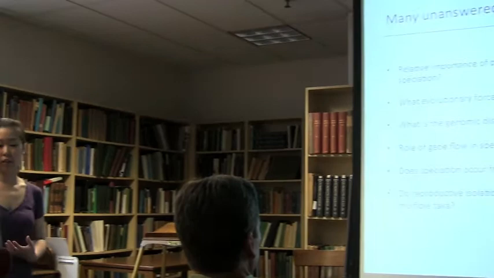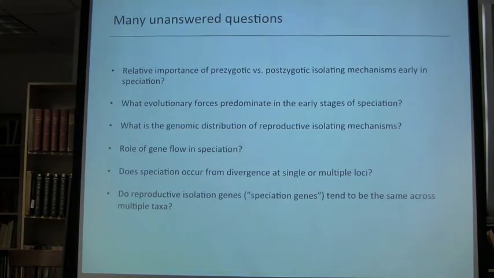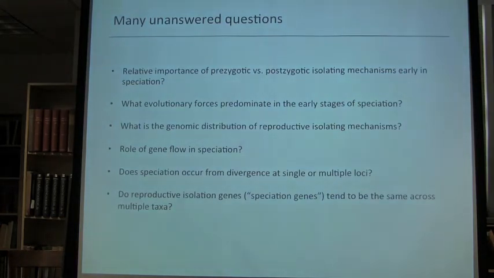Since gene flow would oppose the speciation process, how could you get speciation in the face of gene flow? Does speciation occur from divergence at single or multiple loci? And finally, do reproductive isolation genes, or so-called speciation genes, tend to be the same targets across multiple taxa?